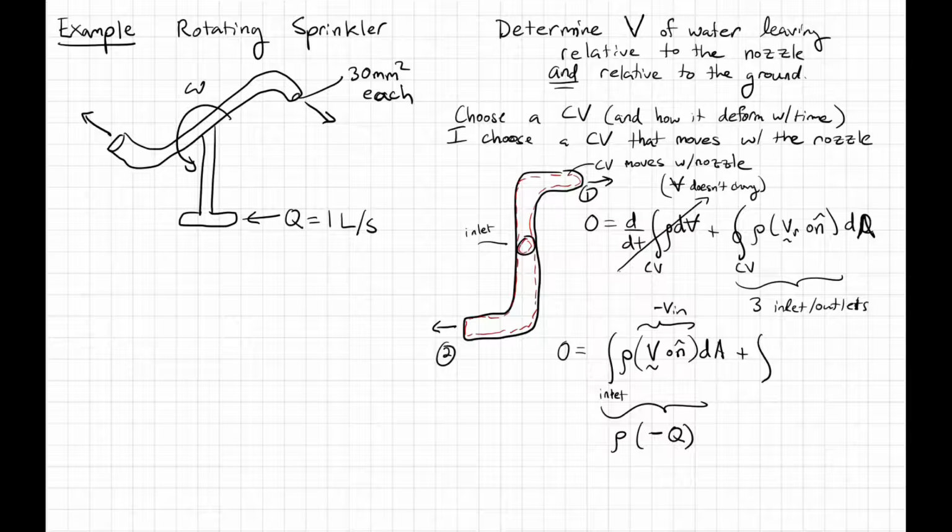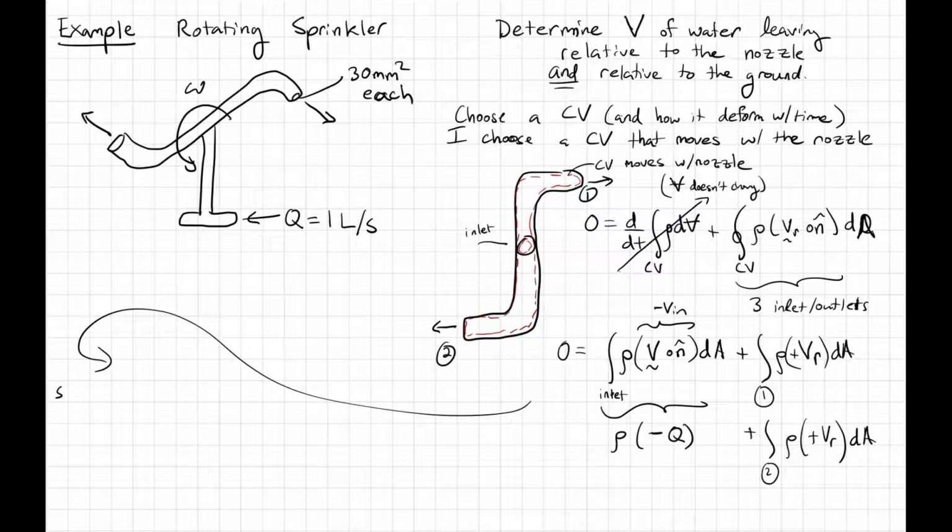And then we still have to do the integrals at the two outlets. The integral over surface 1 would be rho times plus the relative velocity, because the relative velocity going out is aligned with the outward unit normal dA. And then there's another identical integral that corresponds to the second outlet. I'm going to move the rho times q over to the other side of the equation so that it forms a positive sign.